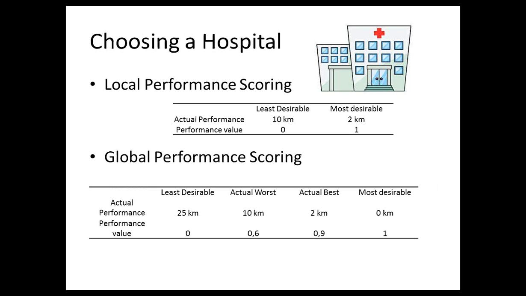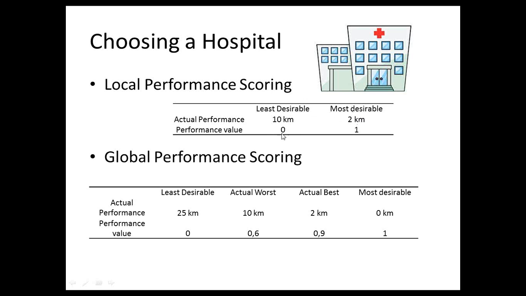To just highlight the difference between local scoring and global scoring, here are two examples. In local performance scoring, you take the actual raw performance scores in your data set, which are in this case 10 kilometers, which is my least desirable distance, and 2 kilometers, which is my most desirable distance.